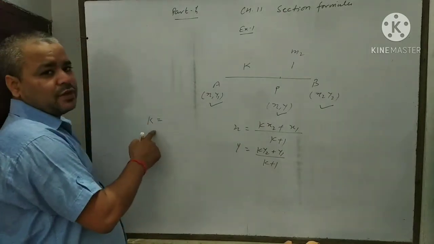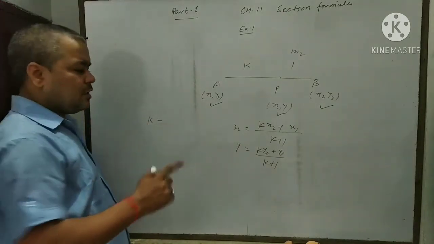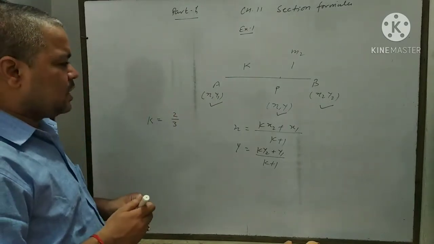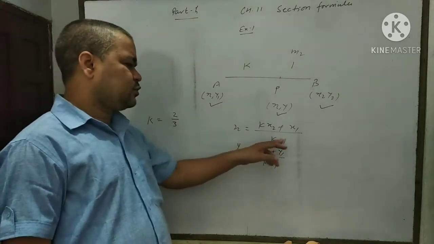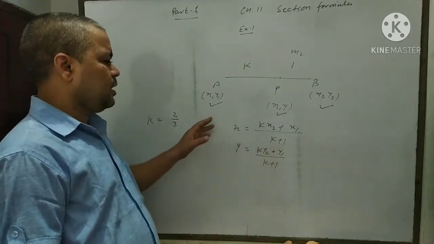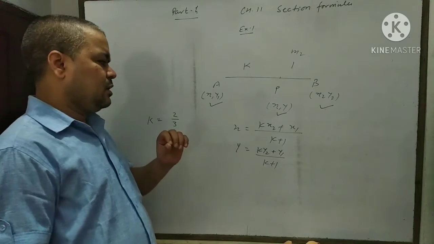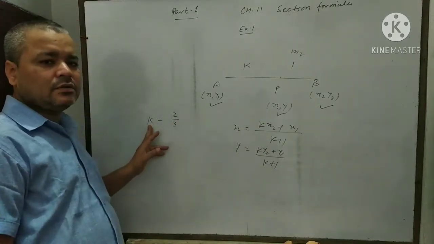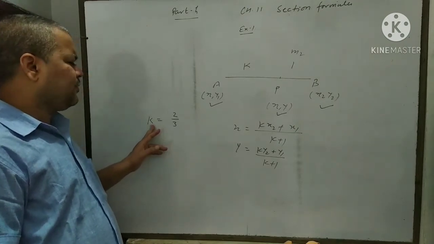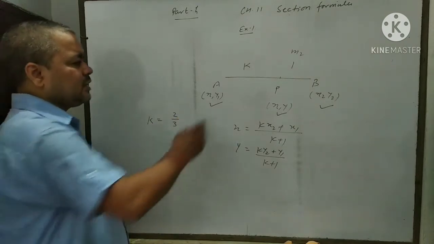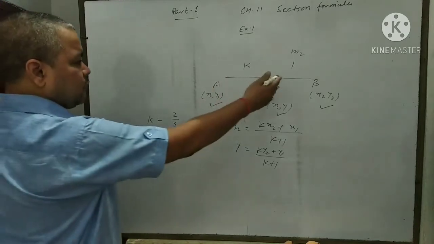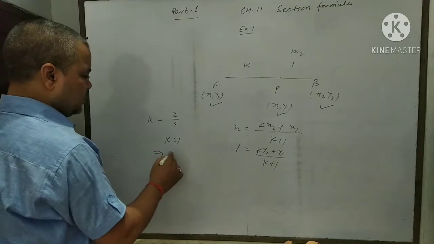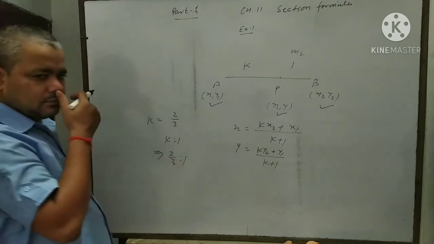Suppose after putting the values, we calculate and find the value of K is 2 by 3. Then what is the required ratio? K is to 1. In this case, the required ratio will be 2 by 3 is to 1.